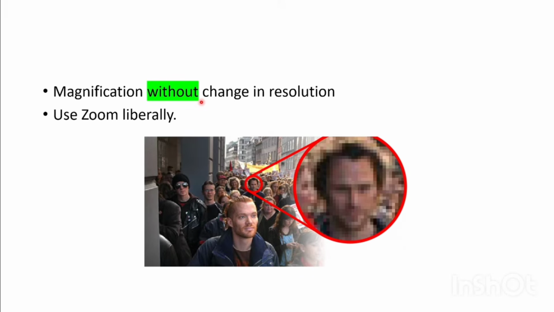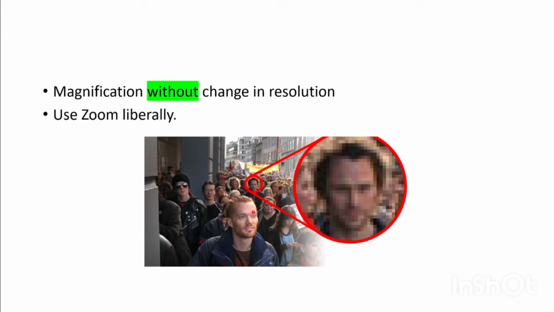So now coming to zoom. Already everybody will be knowing, when we zoom a picture, if you go to very high zoom, the resolution will become low and the image will be blurred. Suppose we are in this crowd, zooming into this person's face, we may not be able to see it clearly because the resolution of the entire picture is low.